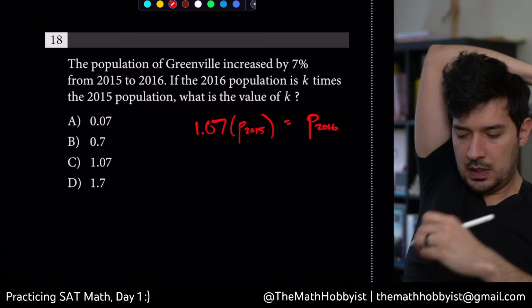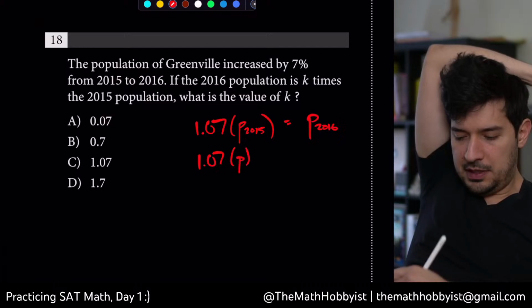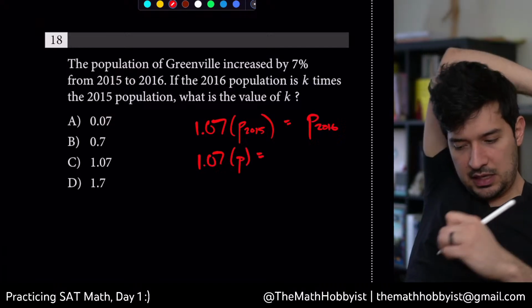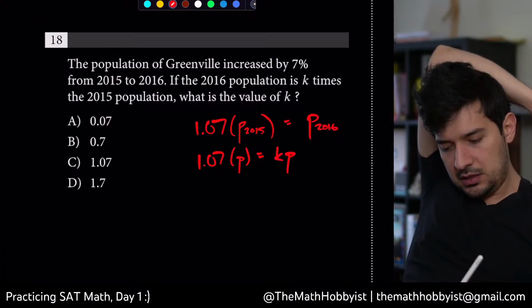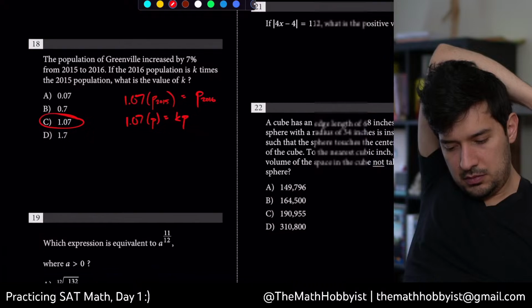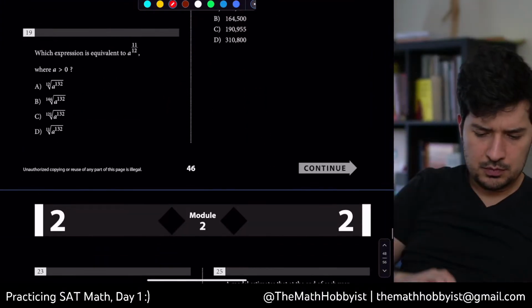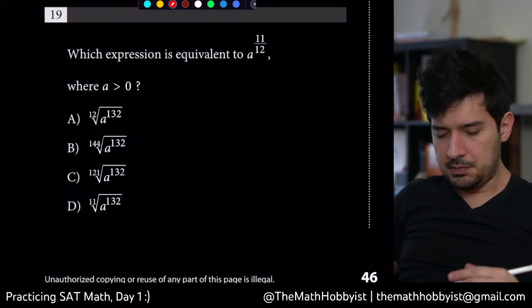And now it's saying if the population in 2016 is k times the population in 2015, then what is the value of k? K is 1.07. Yeah. Which expression is equivalent to that?